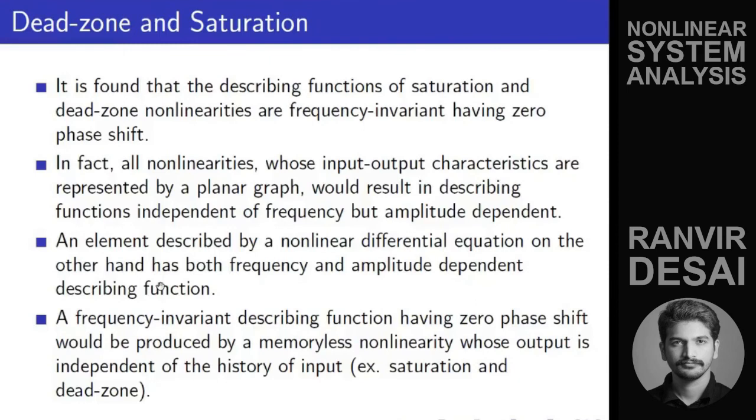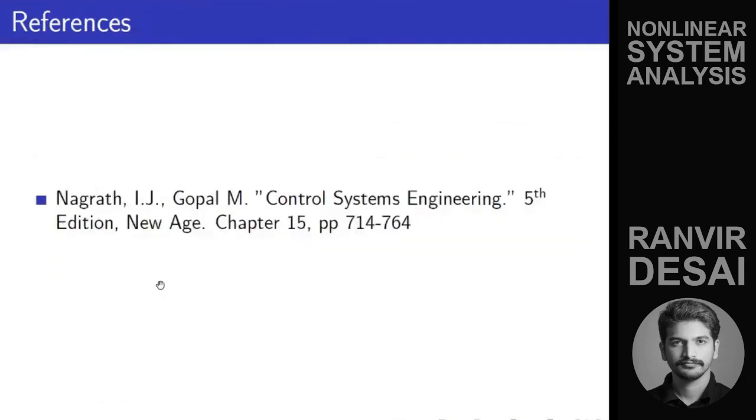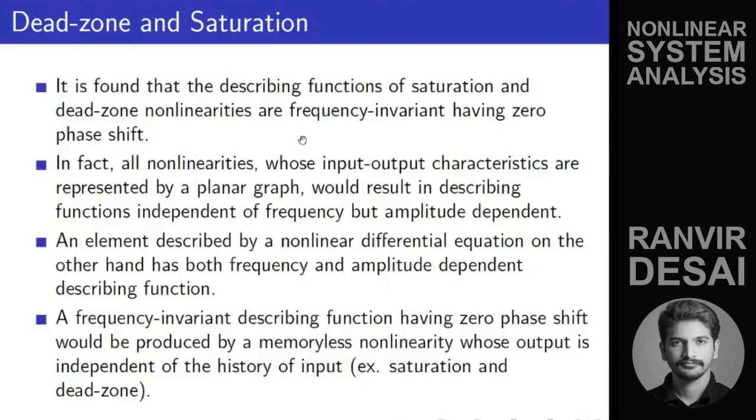If you combine them, you get a function, and that whole function is called the describing function for dead zone and saturation. This way you can represent that system as a frequency counterpart, but we are not going to discuss the describing function method in detail.